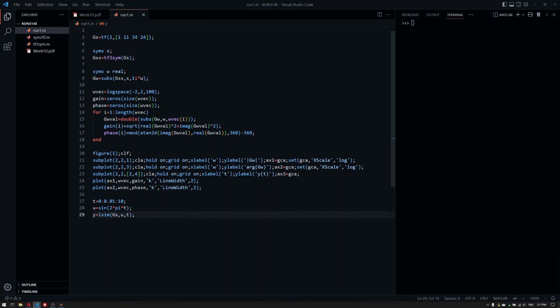Now we are going to plot this: ax3, t comma y, maybe k, and then also line width 2 here. There we go.